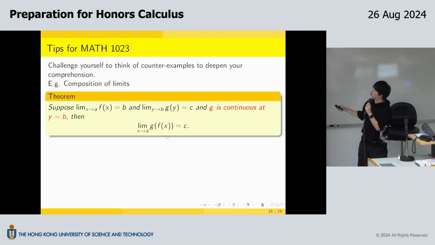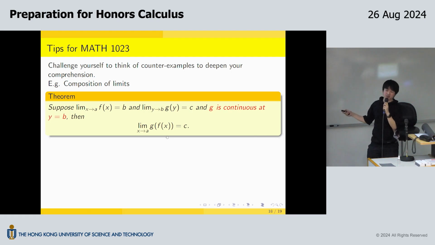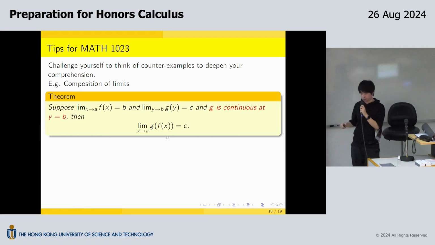In Math 1013 or in M2, this is taken for granted. That's the arithmetic rule that you will apply in doing all the questions, so you won't think about why this is true. And the functions given in those exams are nice enough so that everything works nicely.